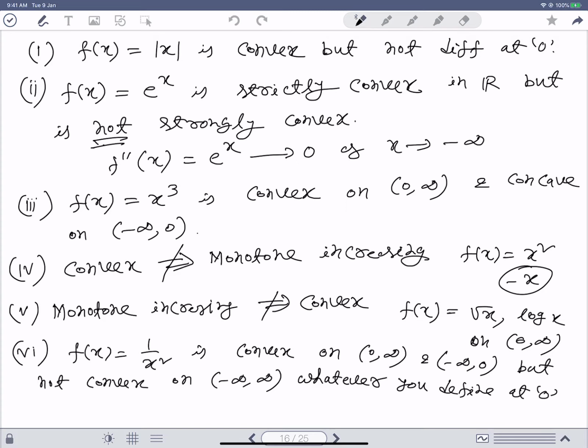This function is not defined at 0, right. Whatever value you define at 0, it will not be convex, but it is convex on these two intervals.